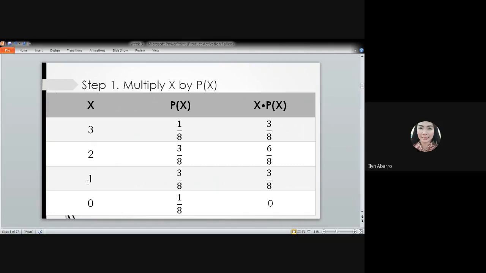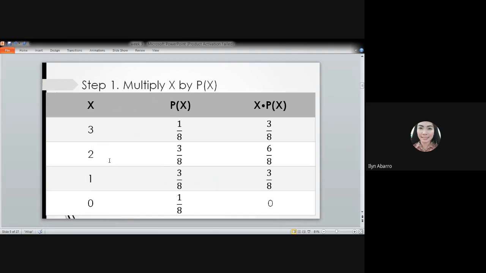Yun yung expectation natin. Or else, kung yan ay above 3, hindi na siya measure of central tendency, wala na siya sa center. So, it means na pwedeng mali yung answer mo, or kung yan ay below 0 pa, ang answer mo is pwedeng mali. So, yun yung ibig sabihin ng, di ba, yung measure of central tendency natin: mean, median, mode. So, your answer must be within this area, between 1 and 2.